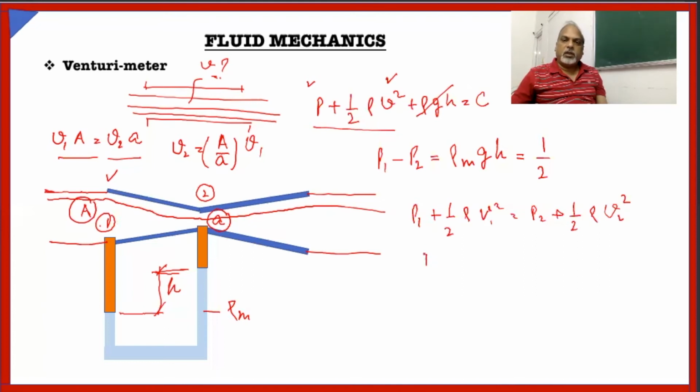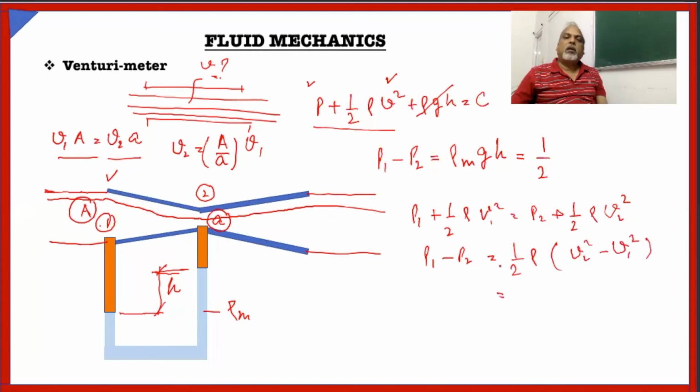That means P1 minus P2 is nothing but half rho into V2 square minus V1 square.